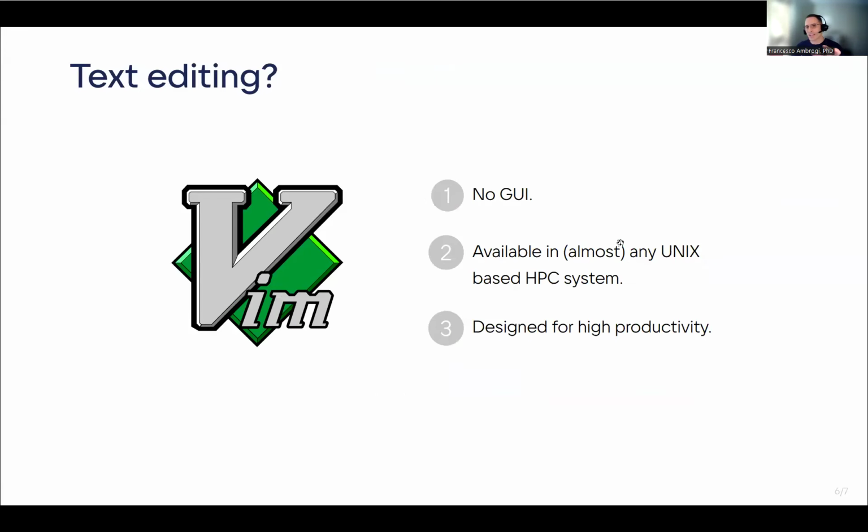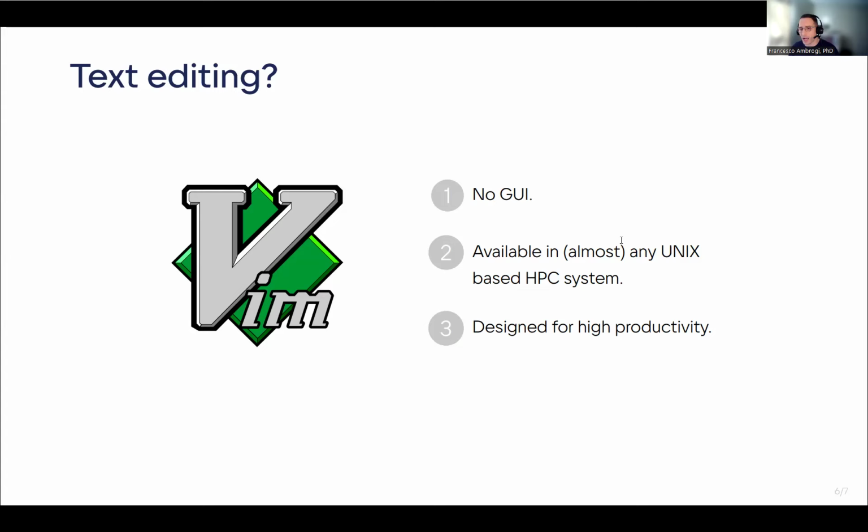The last thing that we want to discuss in this short video is how to edit files on the cluster, because once again, you might be used to having your very nice graphic editor, I don't know, Atom, for example, or VS Code or whatnot. But in this case, since most of the work on the cluster will be carried out without a graphic user interface, you might want to get used to some other types of editor.